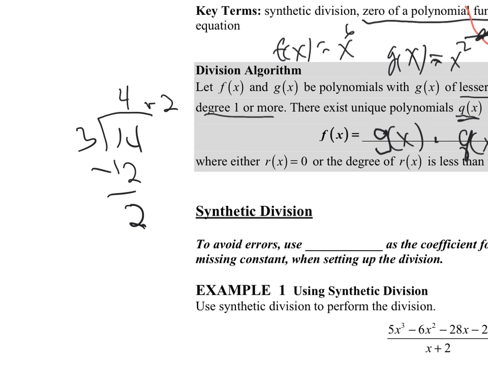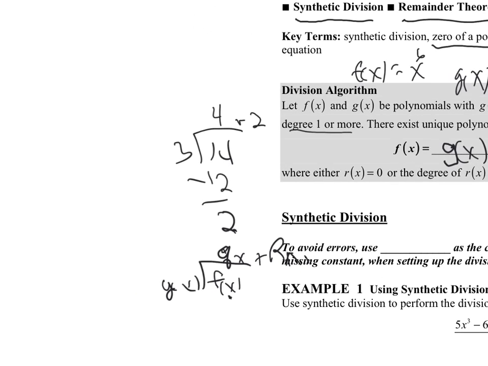So 14 is equal to 3 times 4, that's 12, plus the 2 remainder. So 14 equals 14.